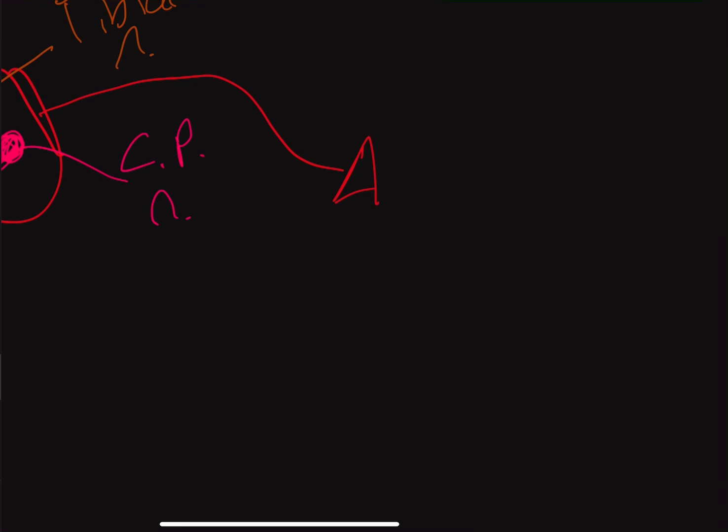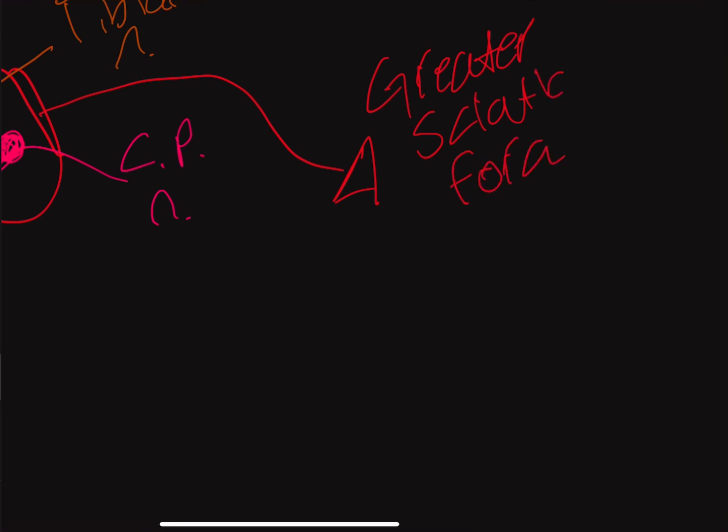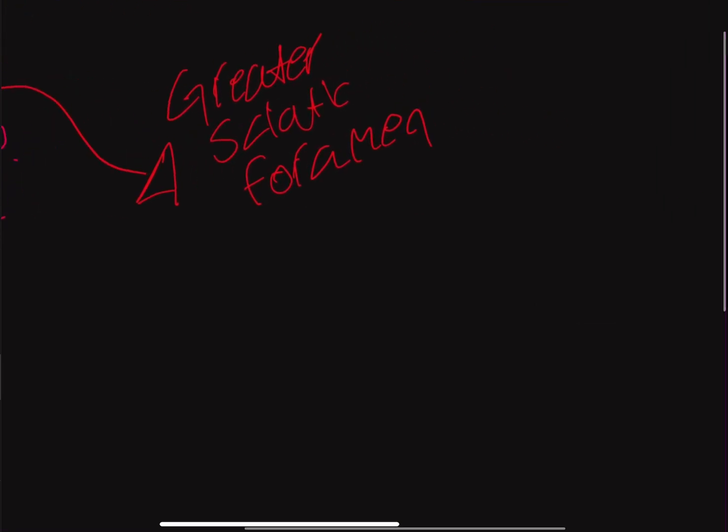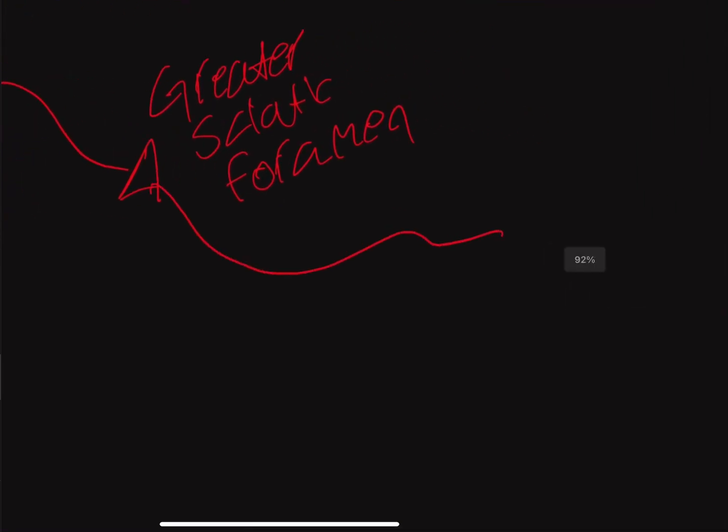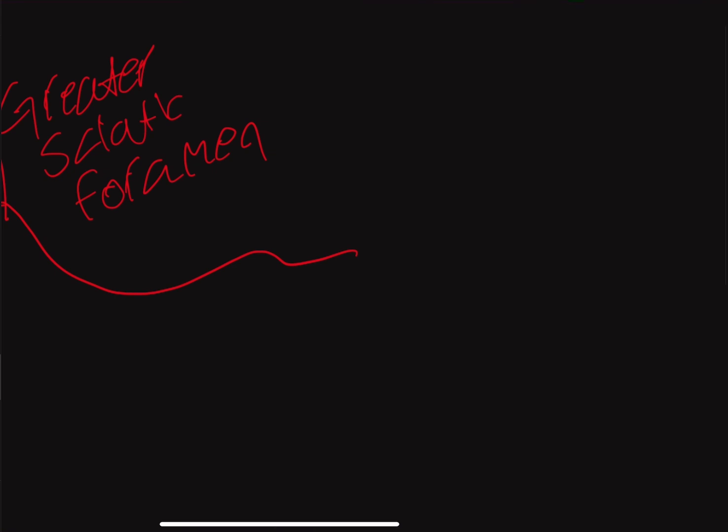It's going to pass through the greater sciatic foramen. Once it passes the sciatic foramen, it's going to travel posteriorly along the leg, behind most of the hamstring muscles, and it's going to hit the popliteal fossa.